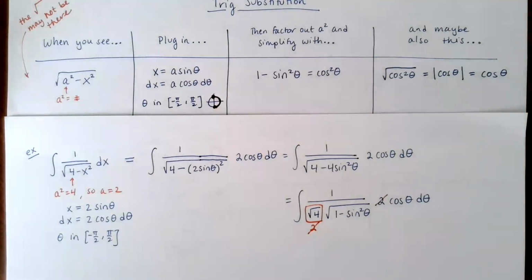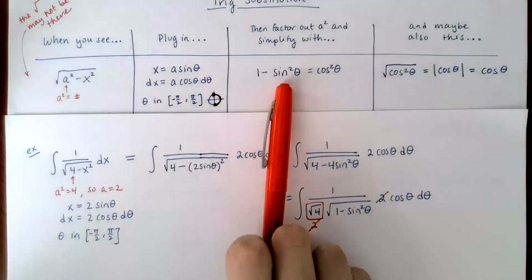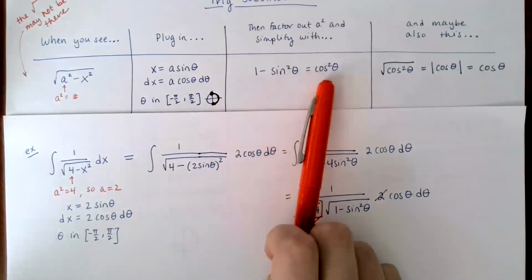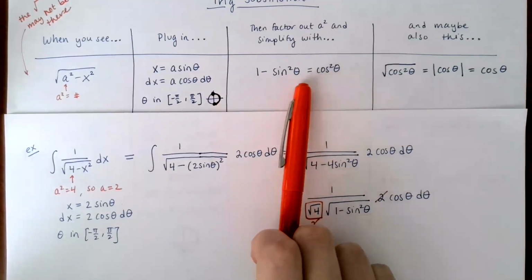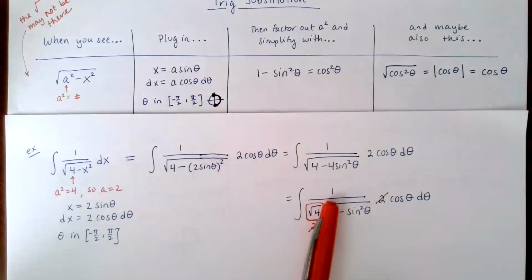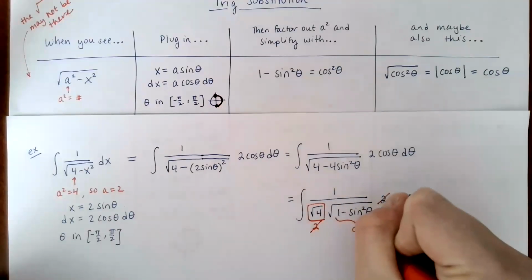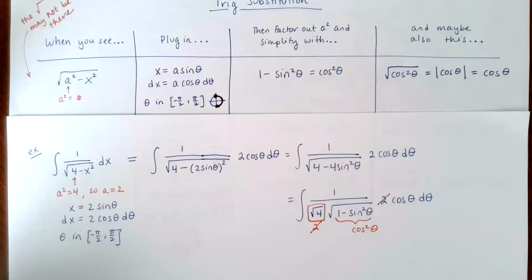The next simplifying we're going to do is exactly what's prescribed in this third column. So we are looking now at 1 minus sine squared, and we say, oh, I have an identity for that. That's cosine squared. This is the step that always, always happens. This identity is the reason that we're doing what we're doing. So this 1 minus sine squared will replace with cosine squared theta.